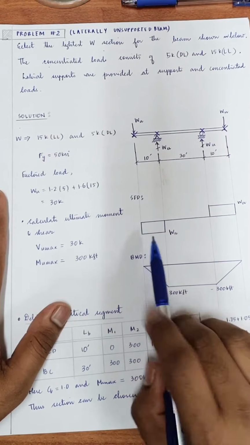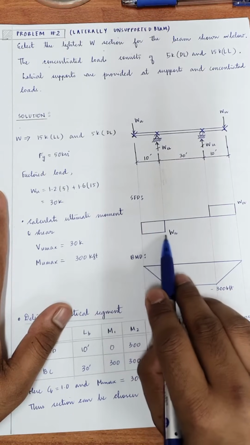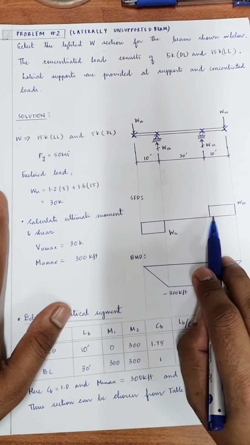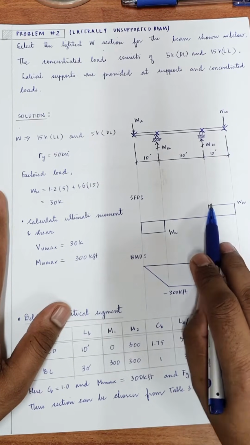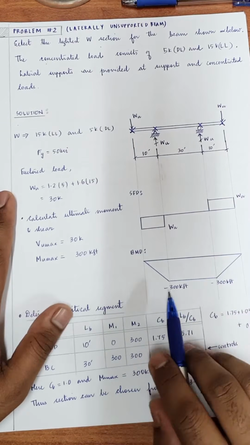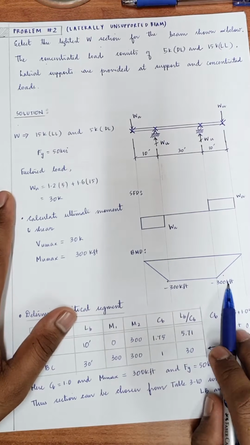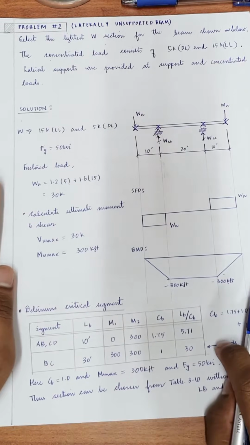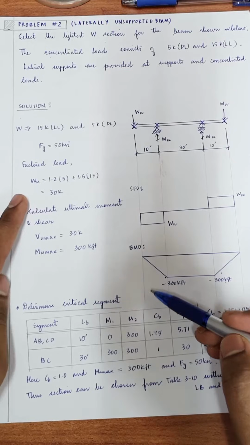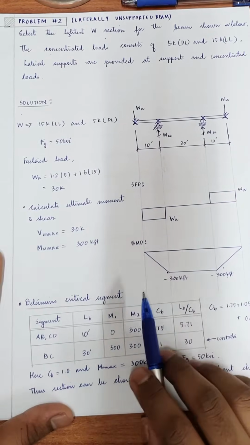So your shear force diagram will look something like this, because we have WU, it is constant, then you have some region of zero shear force, and then you have WU constant shear force, and then 0. And when you draw the bending moment diagram, you see that you have this region of constant bending moment. So if you go ahead, we need to determine the critical segment. We go ahead. Now we have two segments here.